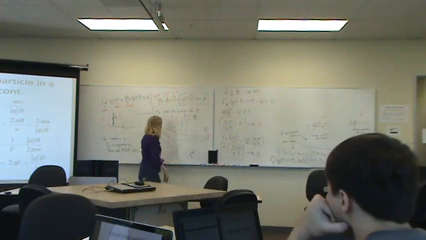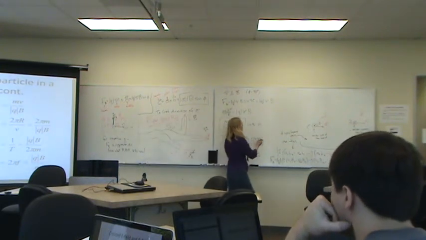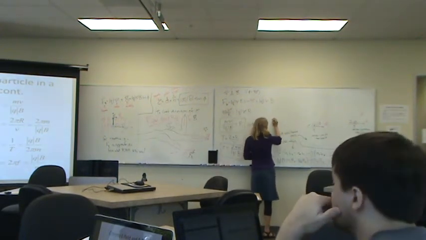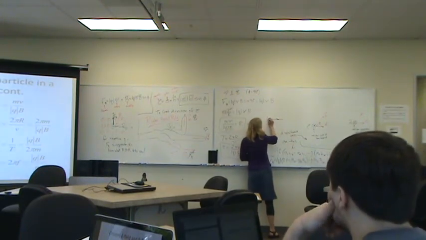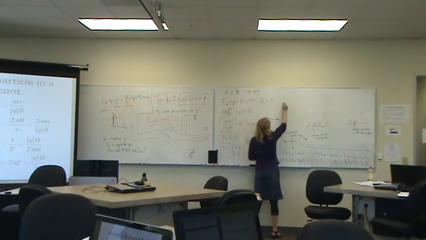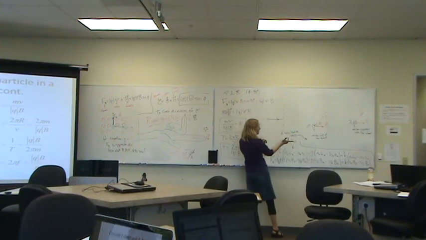Now the really cool thing, not to get too off topic, but say you have a beam of protons enter a region with a magnetic field. Let's say what direction do I want my force to be?